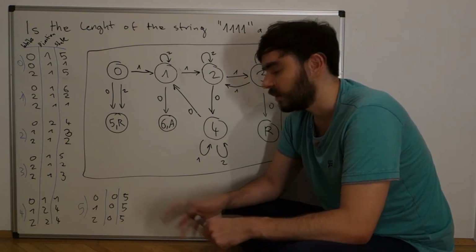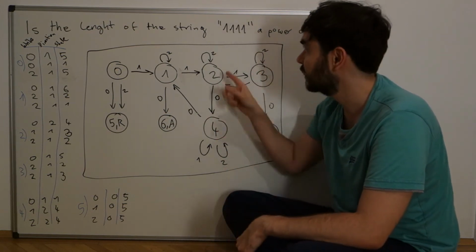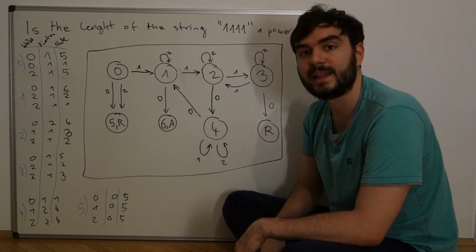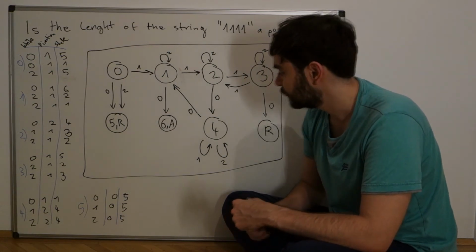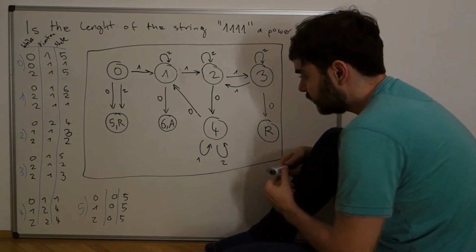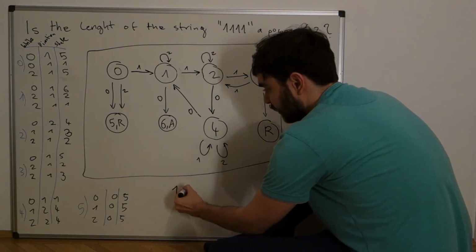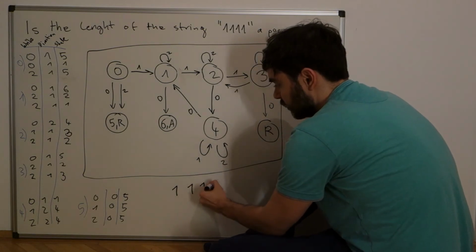Right? Okay, I hope this was not too confusing, but we can try to check if this string is length order of 2, right? So give me some space here. Okay, so I write down the initial string.